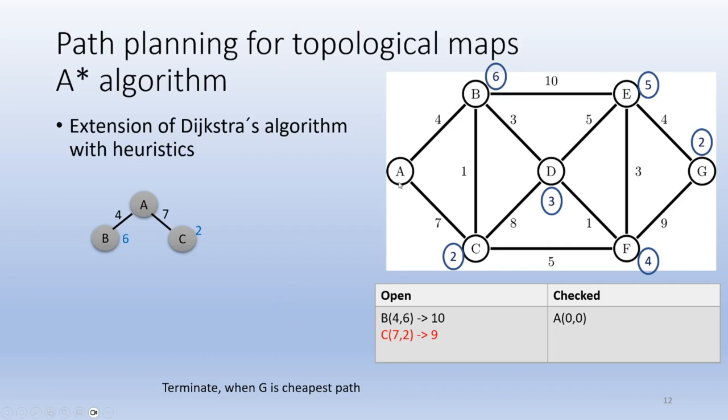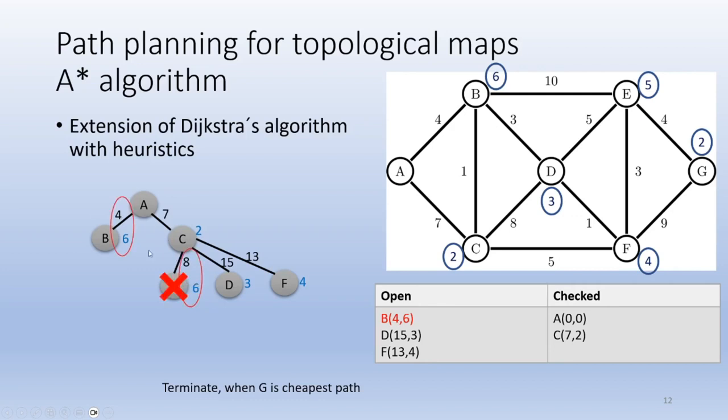path length. And so from A to B is 10, and from A to C would be 9. Like in Dijkstra's algorithm, we now look at the cheapest node, which is node C. Node C can expand to D, F, and B. Node B is more expensive here, and it's doubled, so we don't take node B into account because it's cheaper in another way.